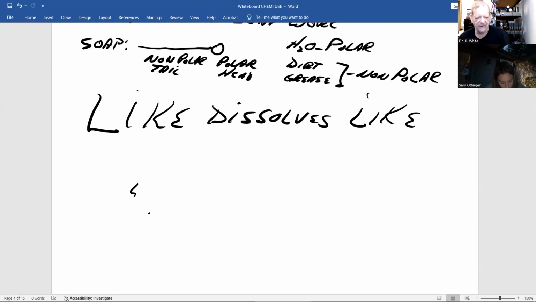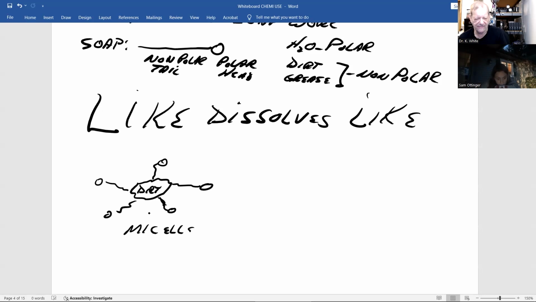Well, when you use water with soap, the non-polar tail of the soap is attracted to the dirt and the polar head wants to stay as far away. And when this is formed, this is called a micelle, and you should know that.